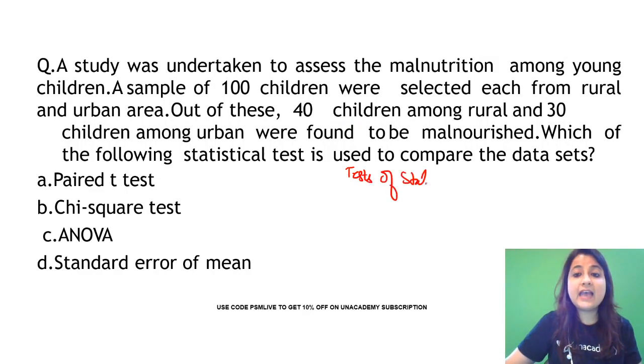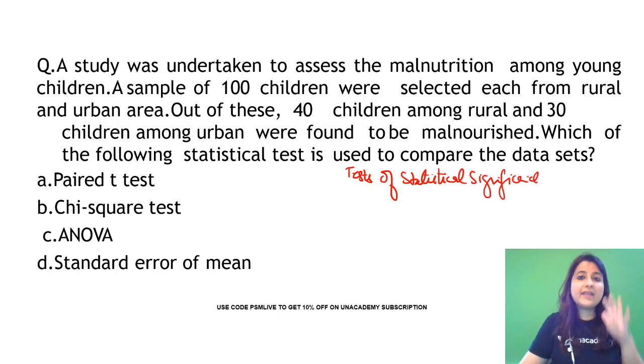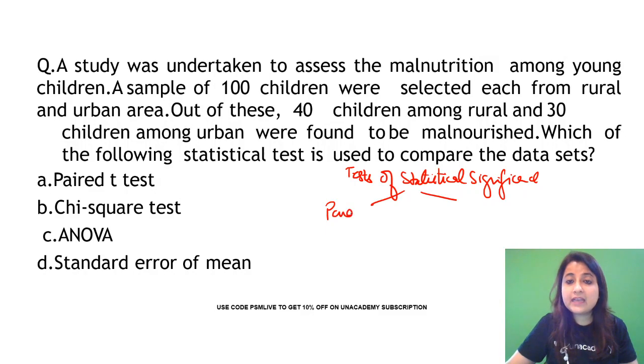Whenever we have a question on tests of statistical significance, you have to look at whether you are comparing quantitative data or qualitative data. Based on that, you have two types of statistical tests: parametric test and non-parametric test.